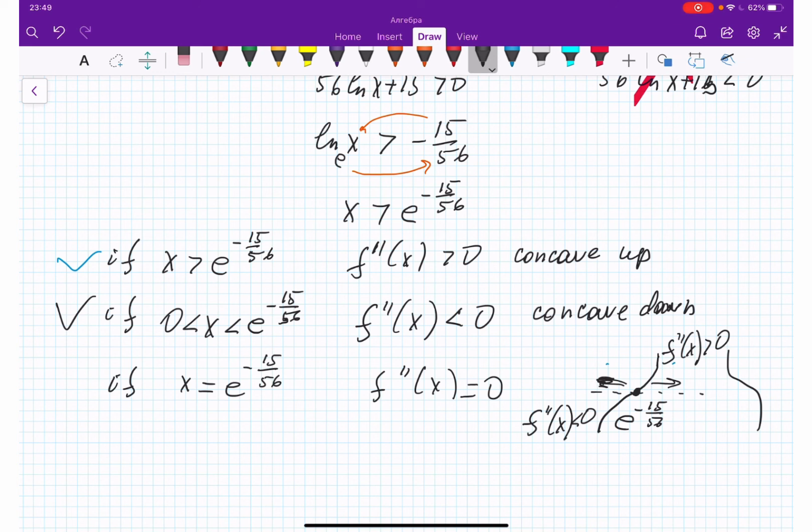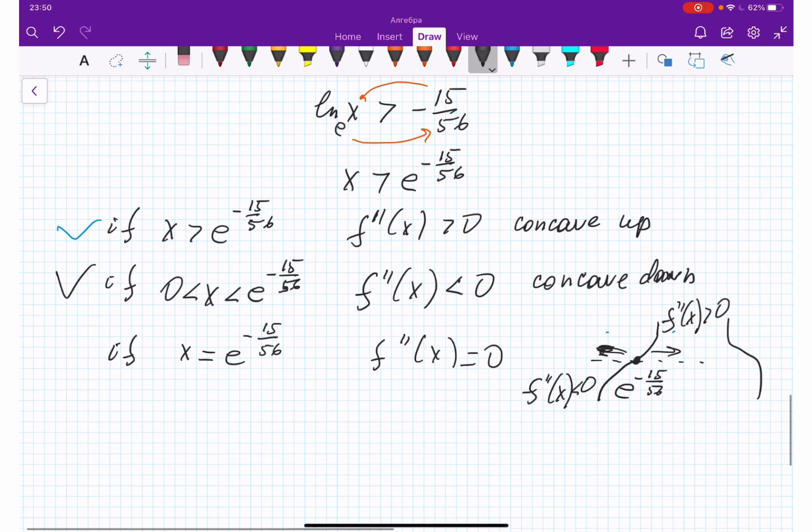When x is between 0 and e to power negative 15 over 56, the function is concave down. And when x is equal to e to power negative 15 over 56, we figured out that we have an inflection point. Okie dokie.